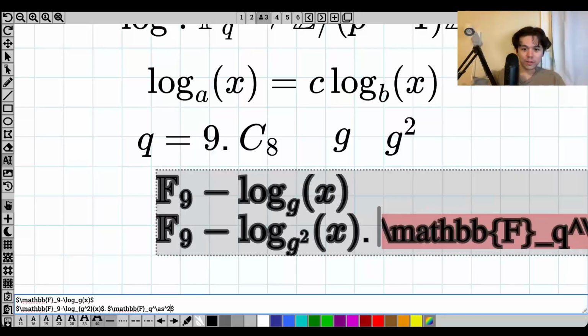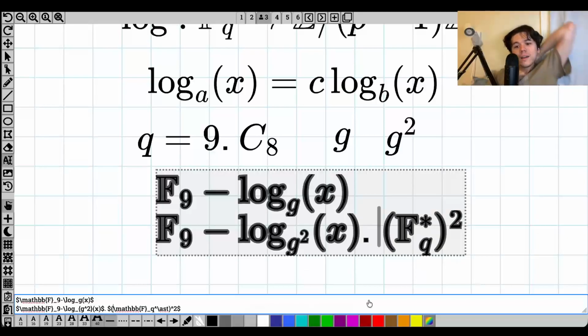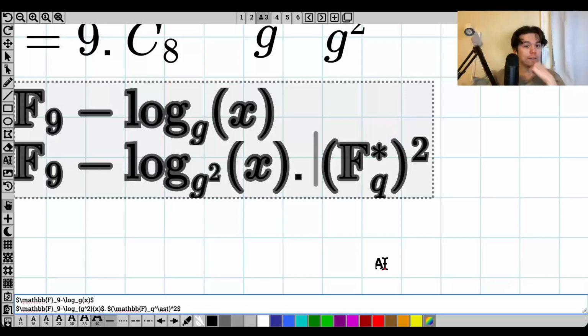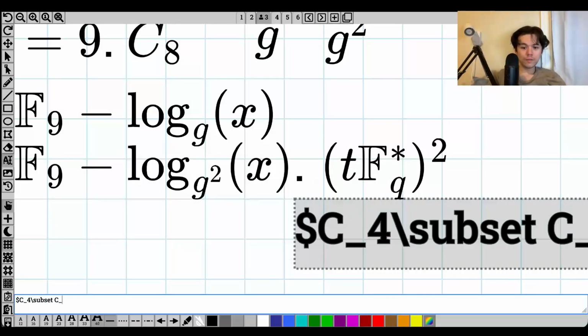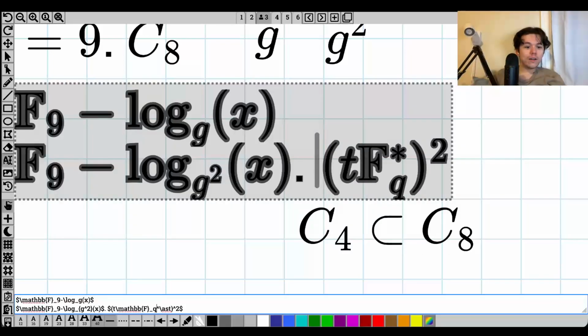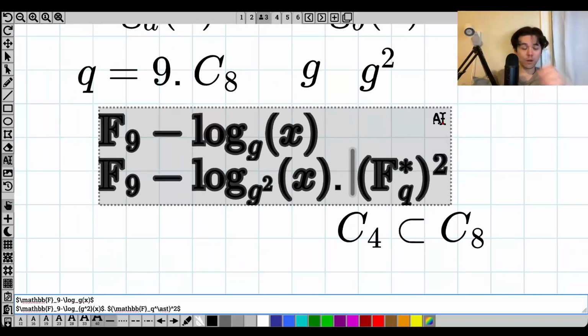Now this is not perfect notation either, because it's a little confusing, and it doesn't compile for me. But this will only be defined on the unique subgroup C_4 of C_8. Because for most of them, there is no answer; you can't take a power of g squared and get an element, only half of them.